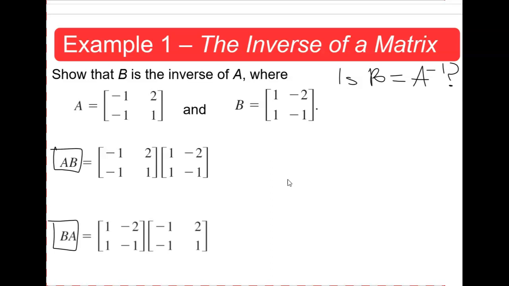So we're going to do that. And to review multiplication, we take the first row times the first column. So we start like this, -1 times 1. And then 2 times 1. And we add it.